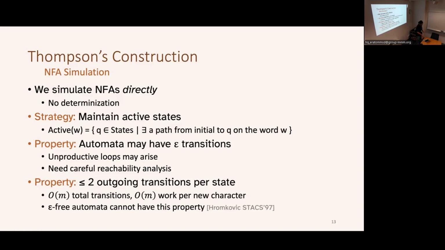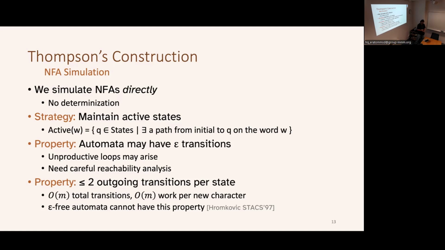Another thing we could have done here is to go with an epsilon free automaton. So instead of Thompson construction, we could have done something like Glushkov construction. And this would give us another kind of NFA, which would not have epsilon edges. But it turns out that if we do this naively, we might get quadratically many edges in the graph, quadratic in the size of the regular expression.